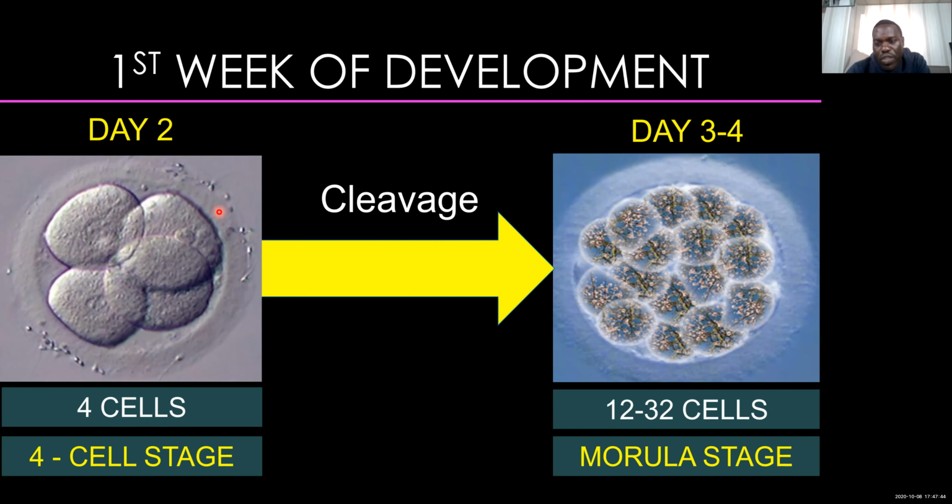But I also want you to note that the cells here are fewer than the cells here. Now I want you to think, if the zona pellucida is still intact in both of them, yet the number of cells here is more than the number of cells here, it can only mean two things.